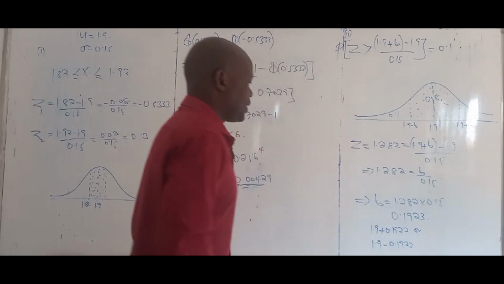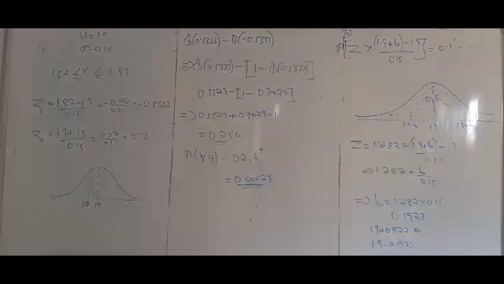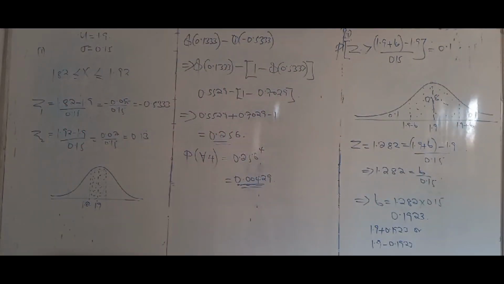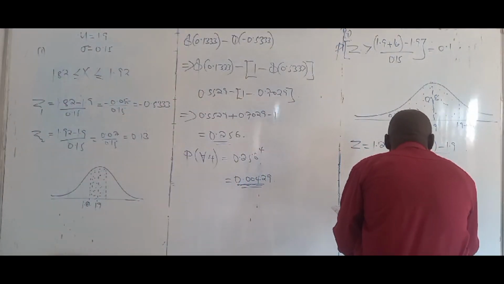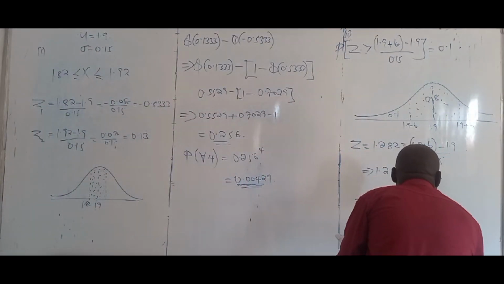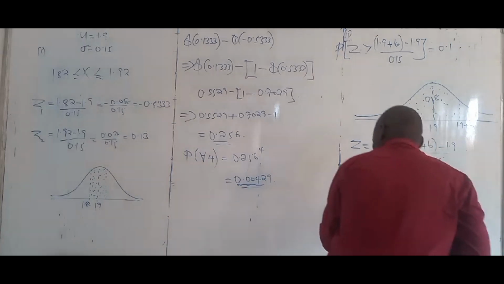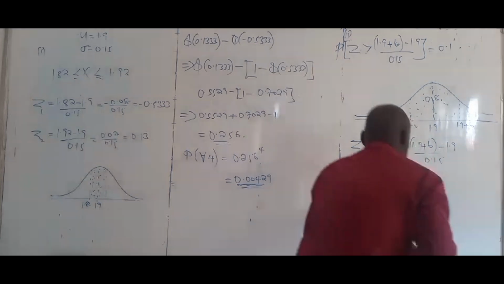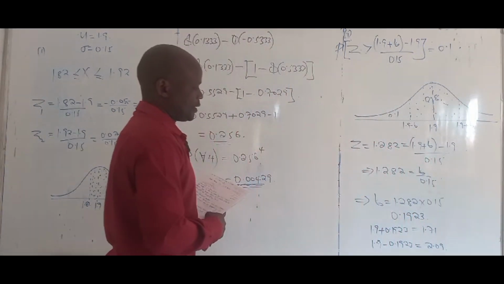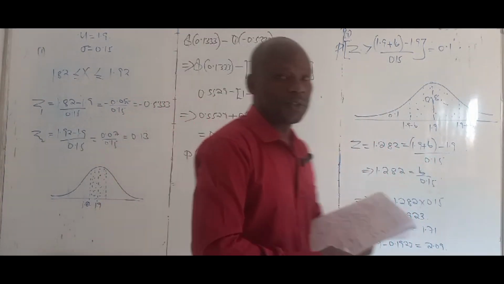Those are the answers. So those values should give us 1.71 for the lower, and 2.09 for the upper. And those are the answers to that particular question.